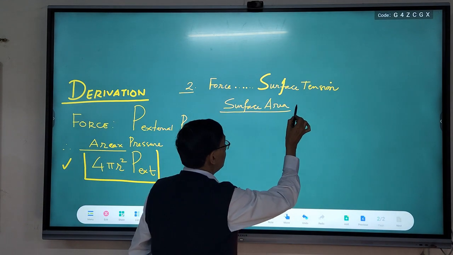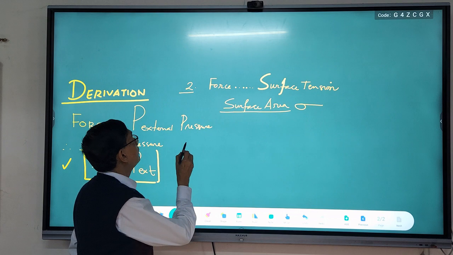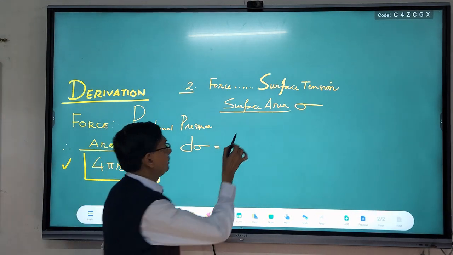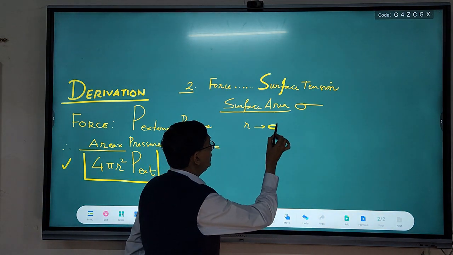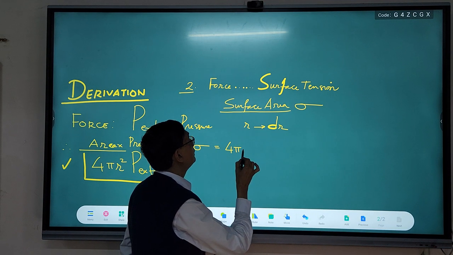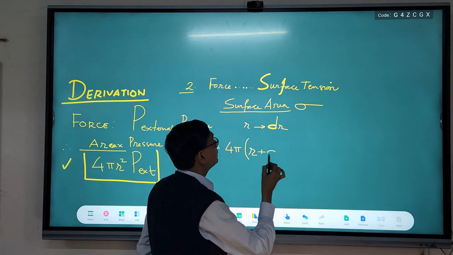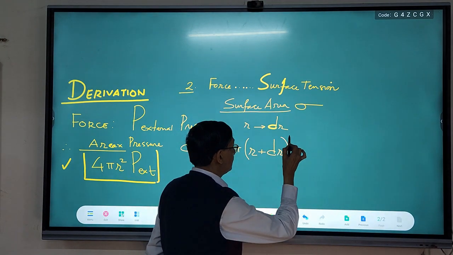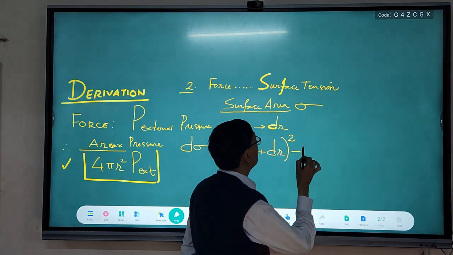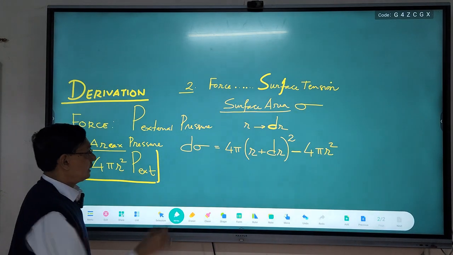If I consider the surface area is this, then the change in surface area is equal to, there is a small change in radius, from r to r plus dr. So I can write 4 pi (r plus dr) square, and the actual area is 4 pi r square.